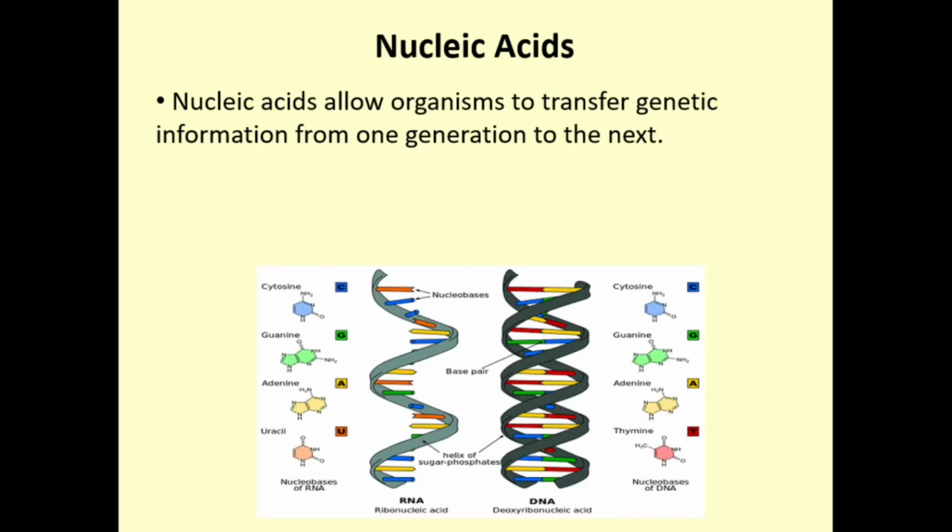Nucleic acids then allow organisms to transfer genetic information from one generation to the next. So you're all familiar with DNA and the fact that DNA exists in our cells in the form of this double helix. And you're probably also familiar with the term genes and genetic.